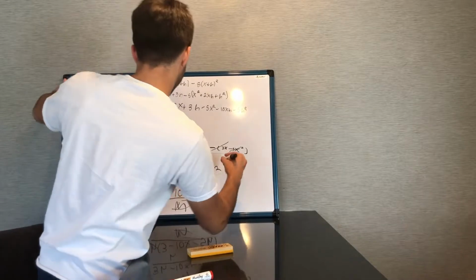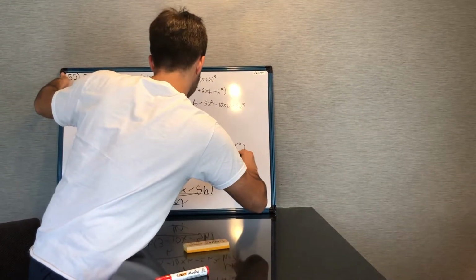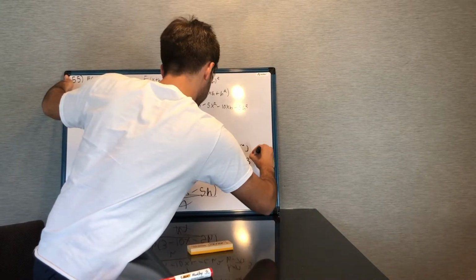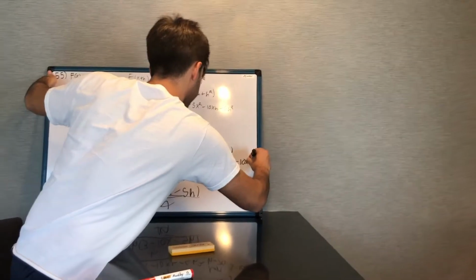And finally, limit as h tends to 0, the equation is going to be 3 minus 10x minus 5h.